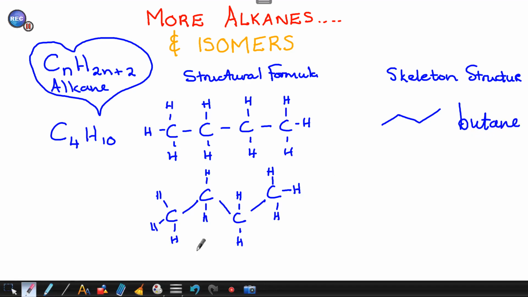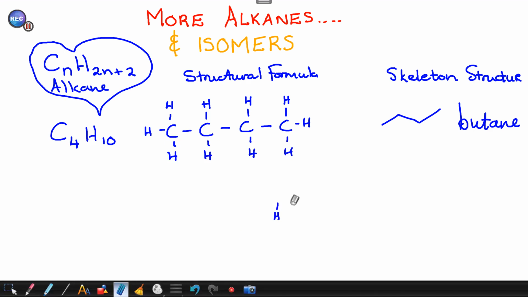Can we copy that? You want to copy this? All right. We've already got the butane, you just don't have the skeleton structure. And you've got the condensed molecular formula as well.